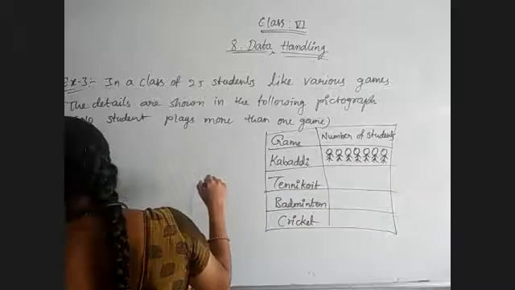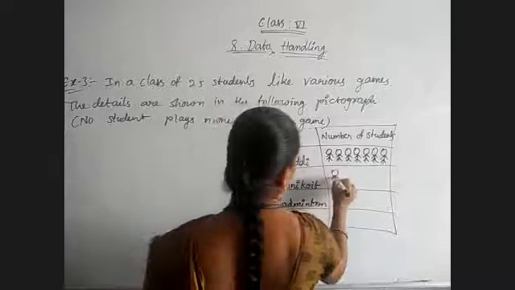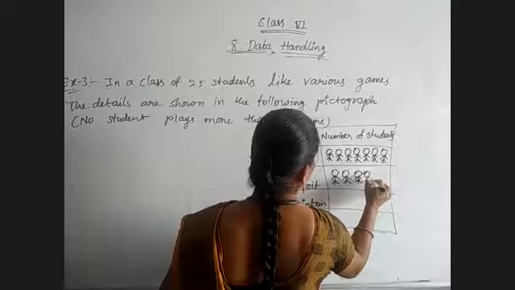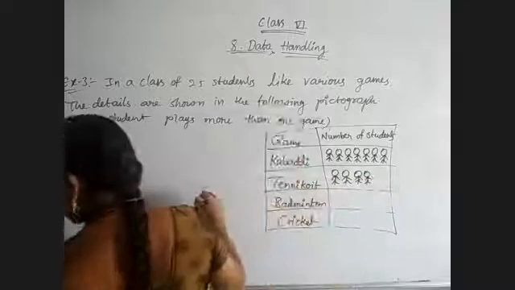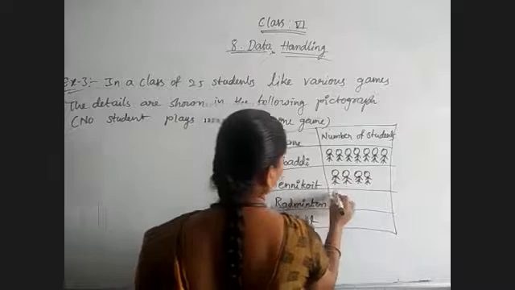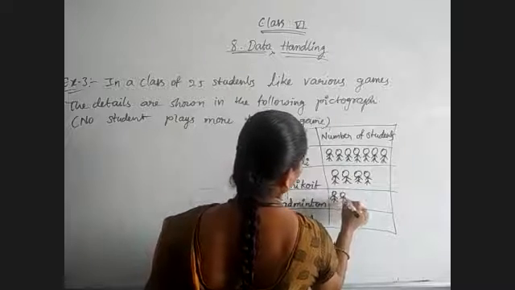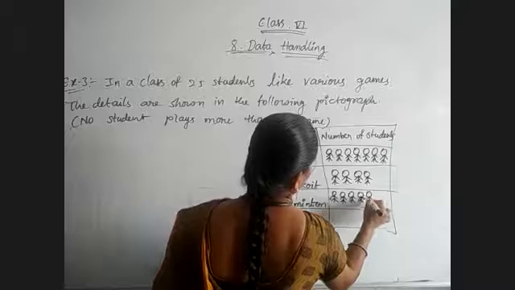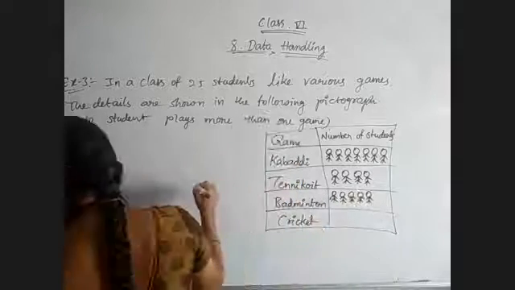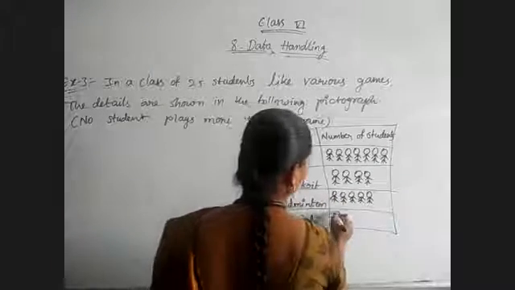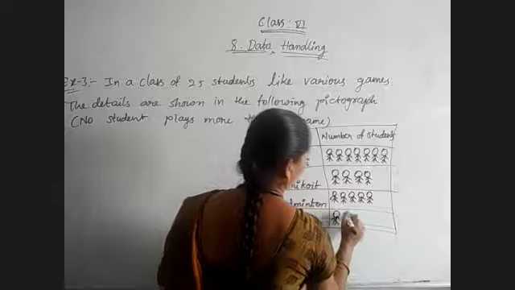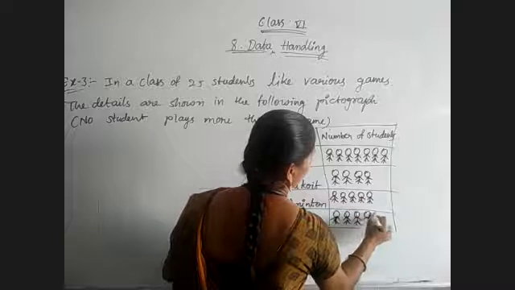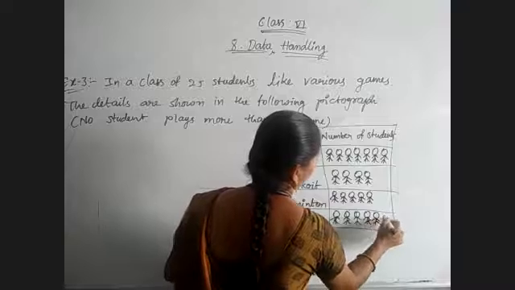Next, tenicoid 4 symbols are shown. Next, badminton 5 students. 1, 2, 3, 4, 5. Cricket 6 people. 1, 2, 3, 4, 5, 6.